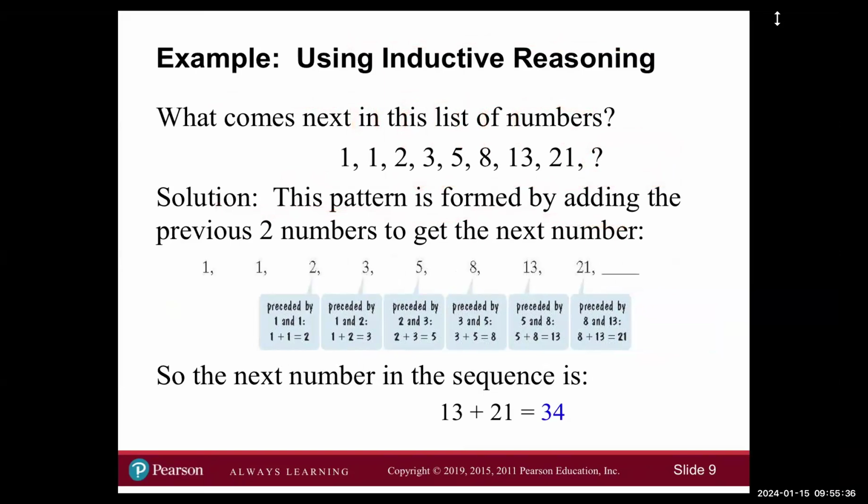So 1 plus 1 equals 2, 1 plus 2 equals 3, 2 plus 3 equals 5, 3 plus 5 is 8, and so on. So the next one is 13 plus 21, which is 34.